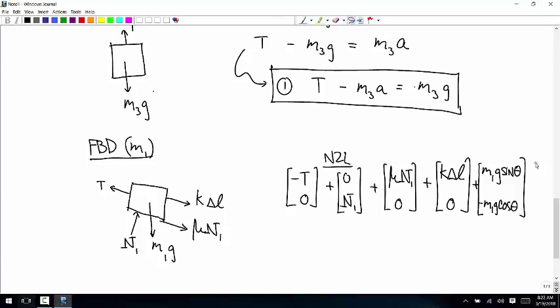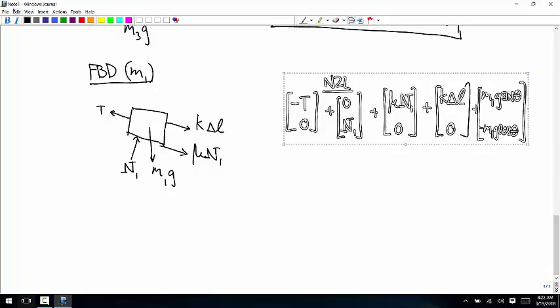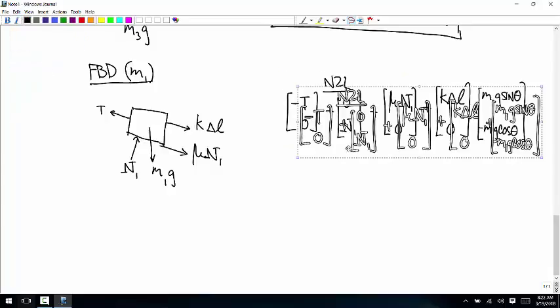Okay, running out of room. I'll have to draw that again.